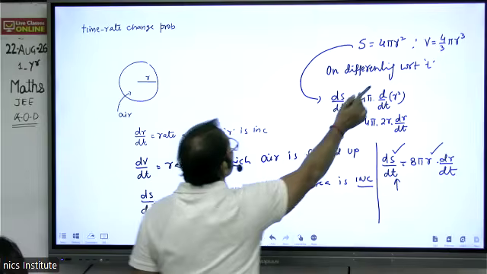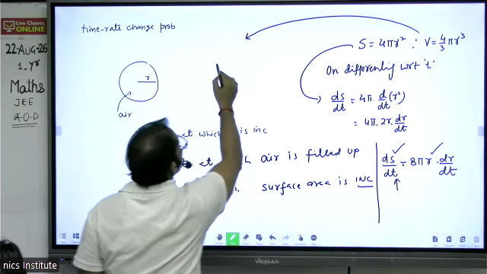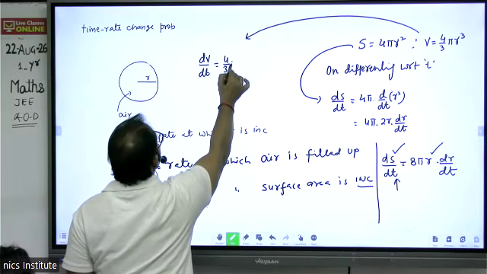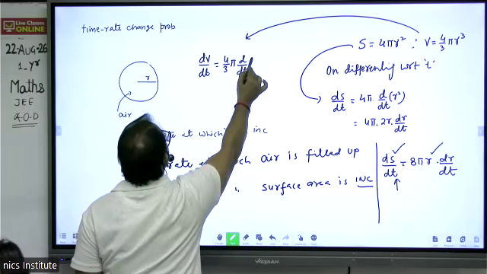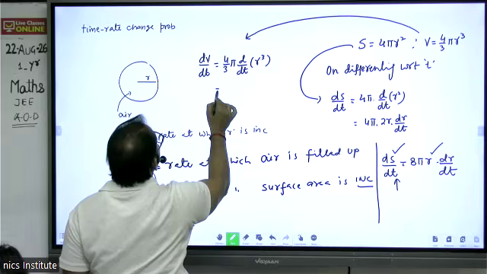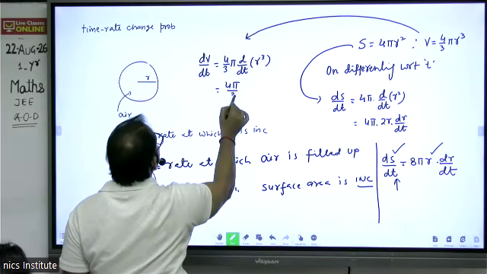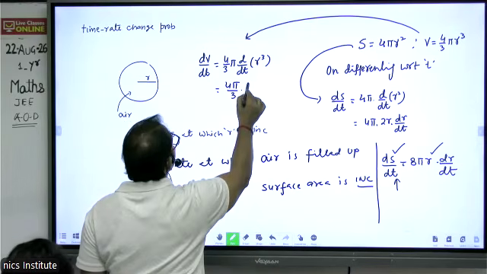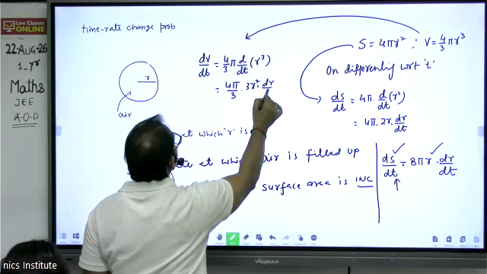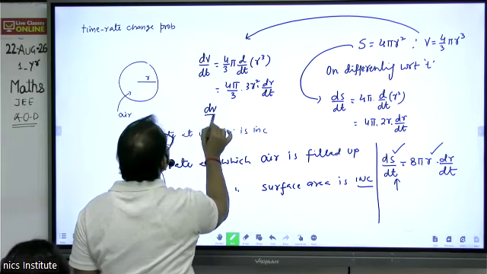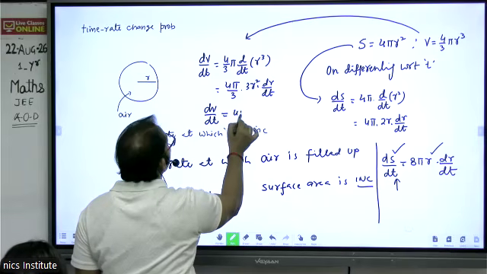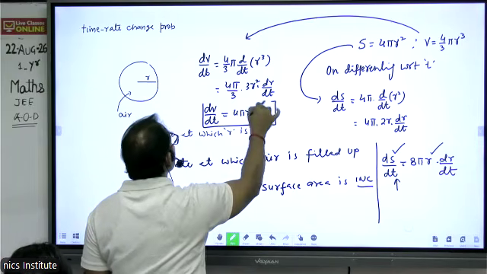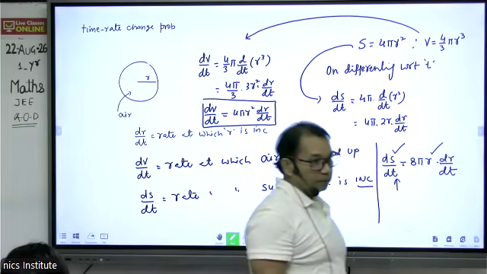If you differentiate volume with respect to time, it would be dv by dt. 4 by 3 pi is a constant, d by dt of r cube. If you differentiate r cube with respect to r, it would be simply 3r square, but it will be 3r square into dr by dt as it is being differentiated with respect to time. So 4 pi r square dr by dt. This is just an example. It could be a cone, a cylinder, anything.